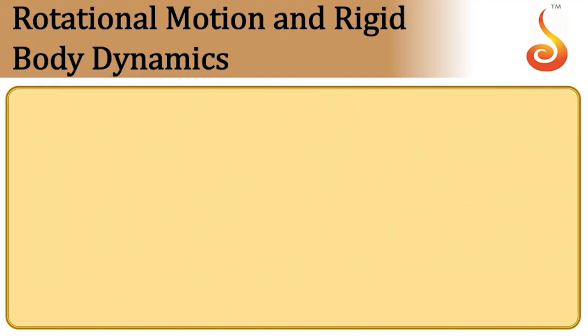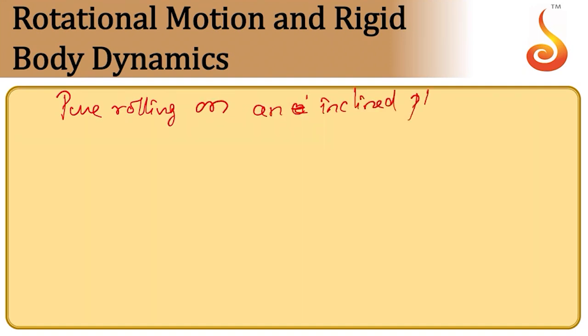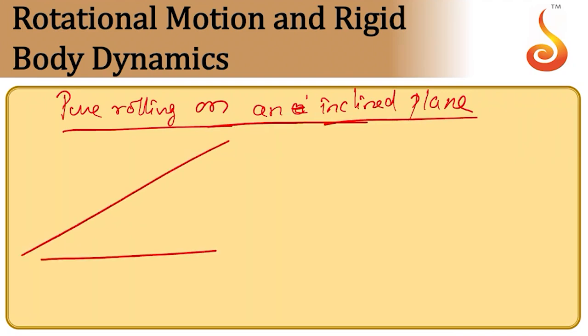One of the very important applications is pure rolling on an inclined plane. For example, you can consider an inclined plane of inclination theta on which a sphere of mass m, radius r is released.